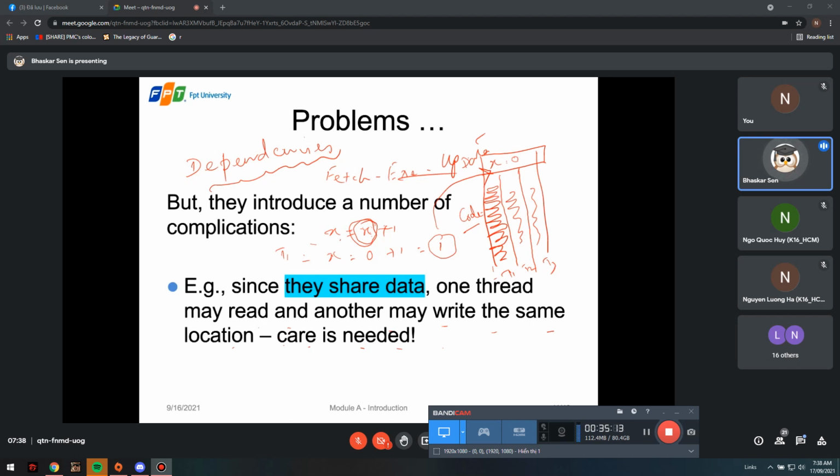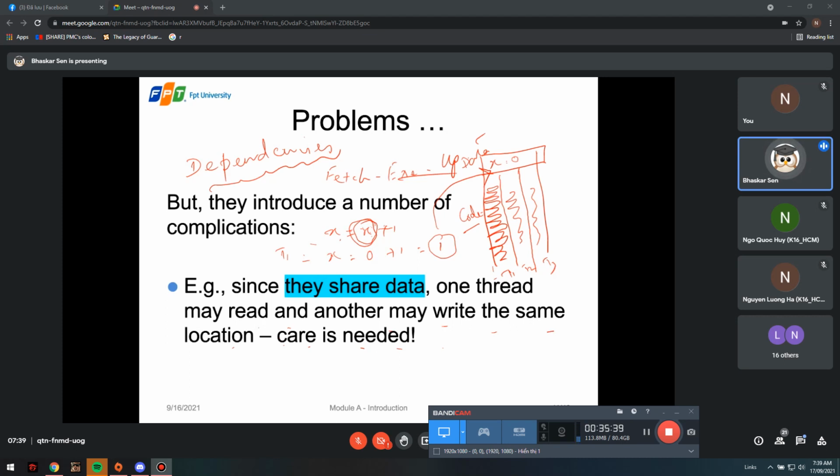T2 will get its turn, and T2 will start working. T2 will now get the value that is 1, the updated value in the shared data sector. That's the value that it will find and fetch. So that is x equals 1.